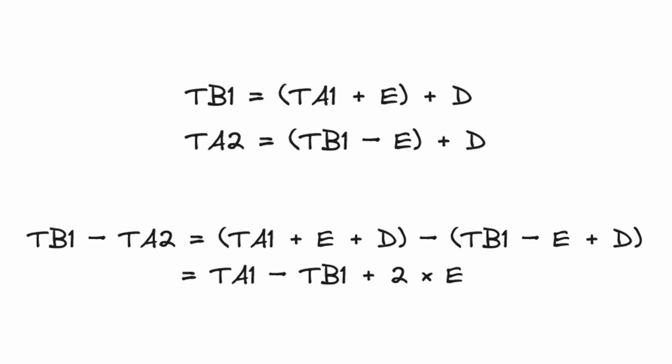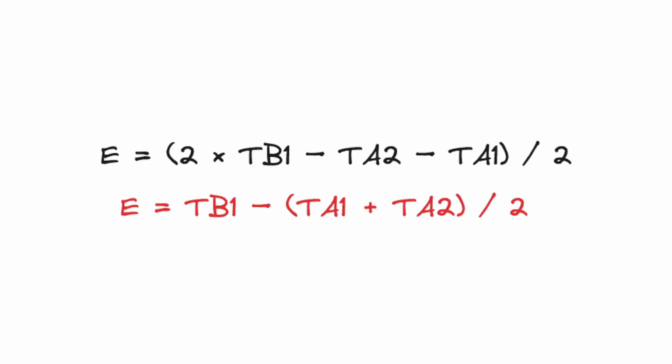So we can subtract the second equation from the first equation and get the expression below on the screen. After solving this equation, which we saw on the previous screen, we get the next result: E equals this expression.